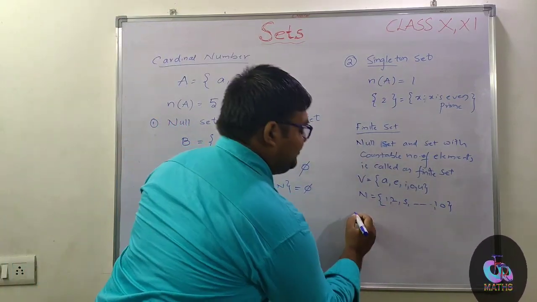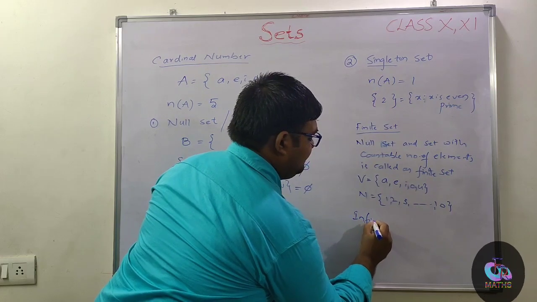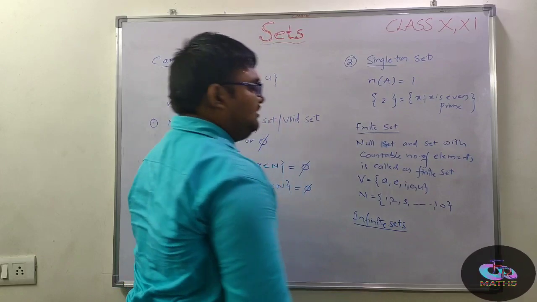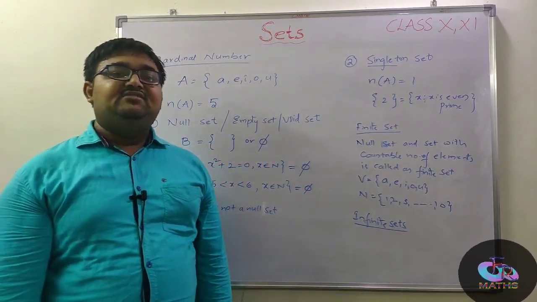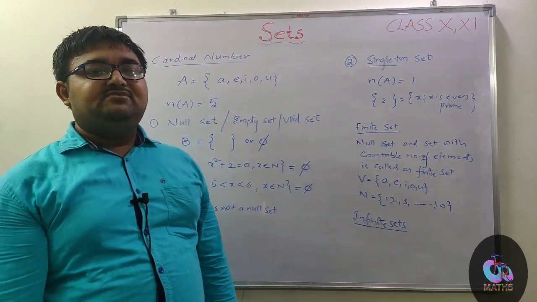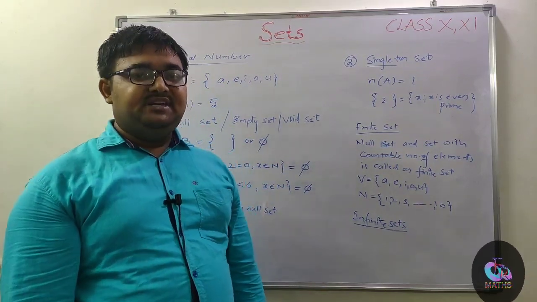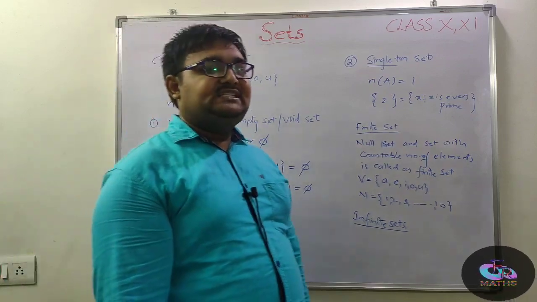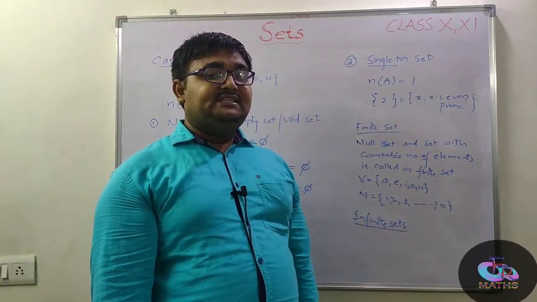Next, the opposite of finite sets is infinite sets. So what is an infinite set? An infinite set means we can't count the number of elements, so we can't say the cardinal number of the given set. Such sets are called infinite sets.